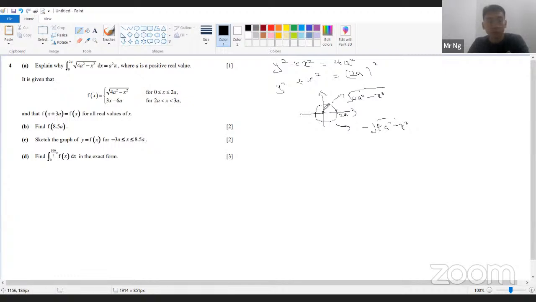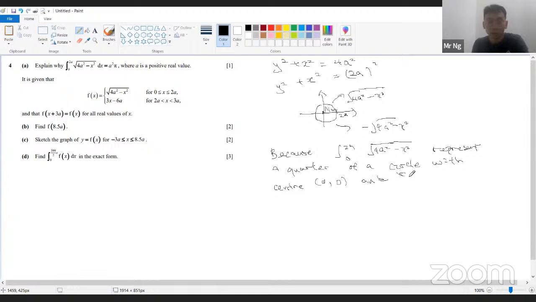So finding this area represents a quarter of a circle with center 0, 0 and radius 2a.